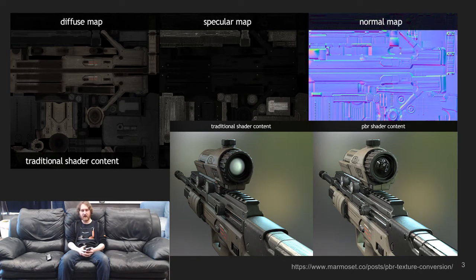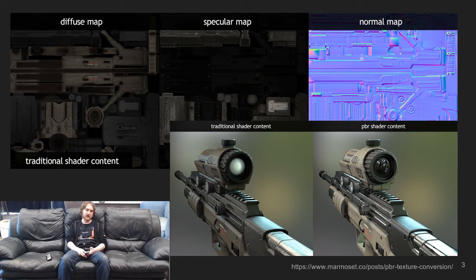The specular map is how much reflection there is at any one point, and what kind of coloration that reflection has. So with shiny blue metal, any reflection that gets reflected out gets colored blue at that point.